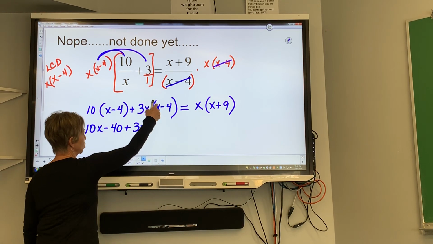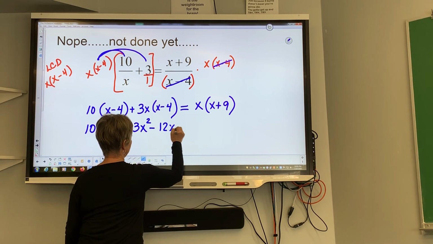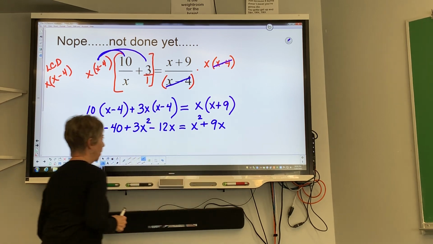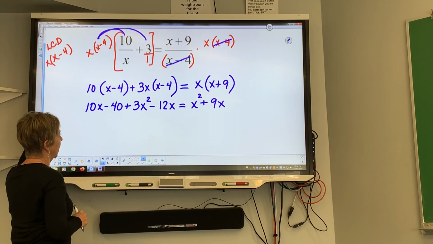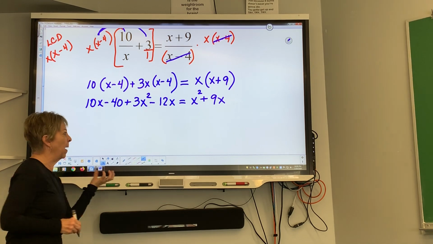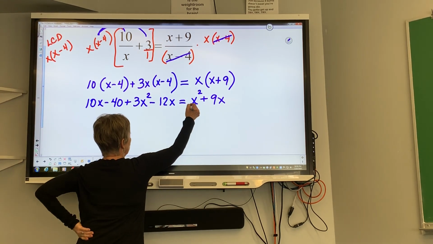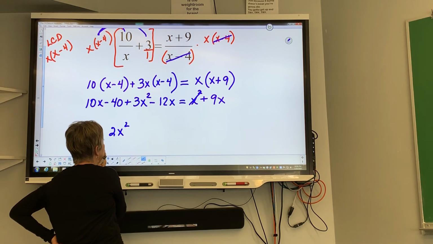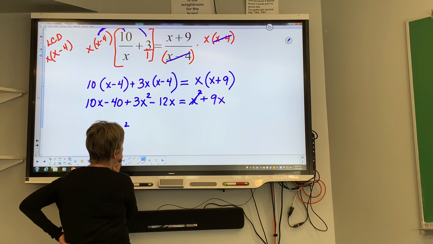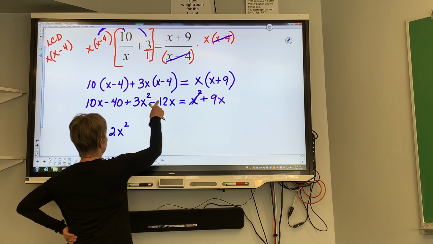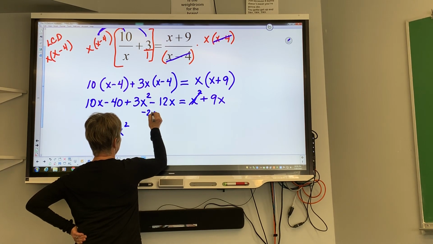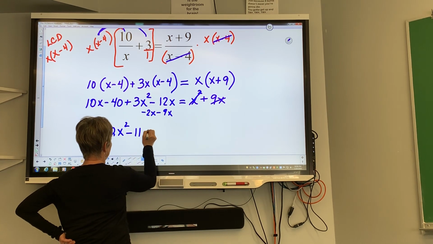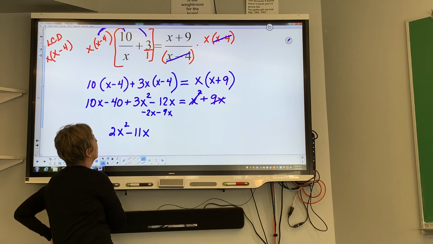Watch, this is 3x squared. Now I have an x squared on both sides, but I want my square term to be positive, so I'm going to move this over here and subtract it out, so that'll be 2x squared. 10x and negative 12x is negative 2x, but when I move this over, it's going to become negative, so that's going to give me negative 11x.